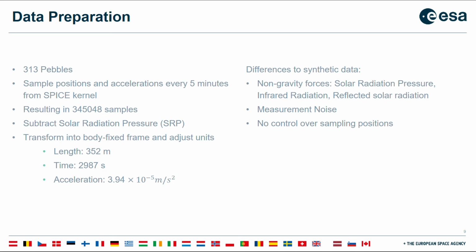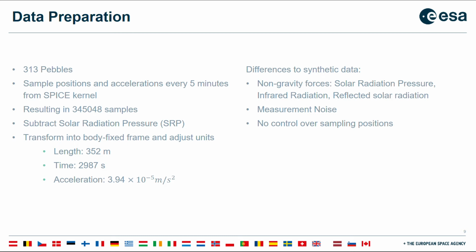And now from these, we have several other forces which influence the trajectories and are not only gravitational forces. So we calculate the solar radiation pressure at each point and subtract it, except of course if they are in eclipse.